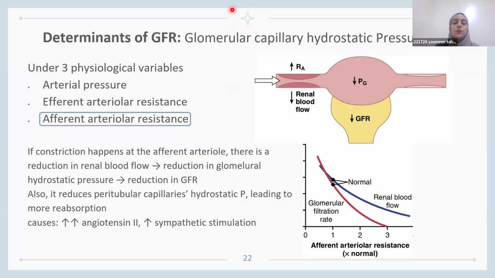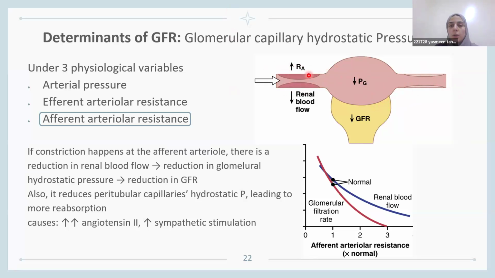Again, peritubular capillaries. Remember, they are structures that come from the efferent arteriole. After the efferent arteriole leaves the corpuscle, it branches, and we have the peritubular capillaries. So either constriction of the afferent or efferent will cause a decrease in the peritubular capillaries.